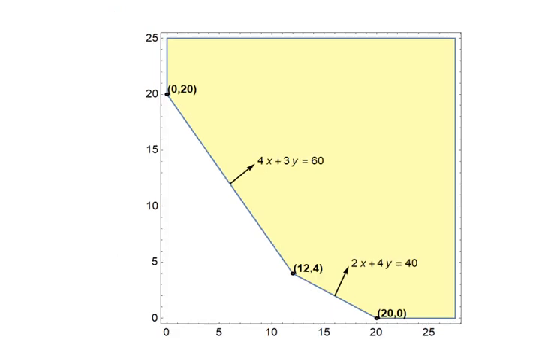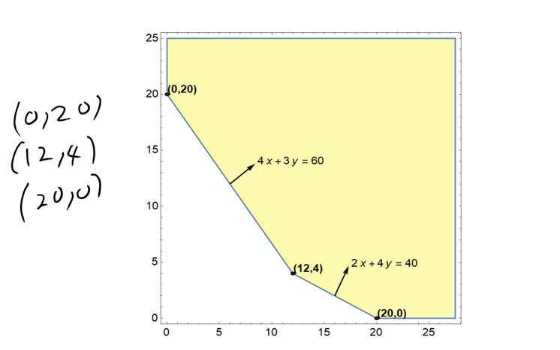So when you solve the equations, you find that the result is (12, 4). So then your corner points are (0, 20), (12, 4), and (20, 0). These are the points that you use in the objective function.